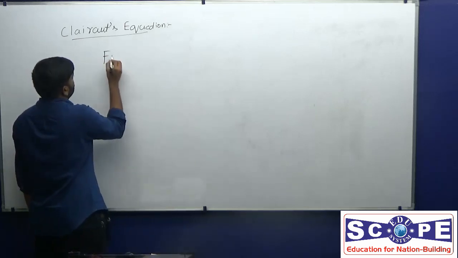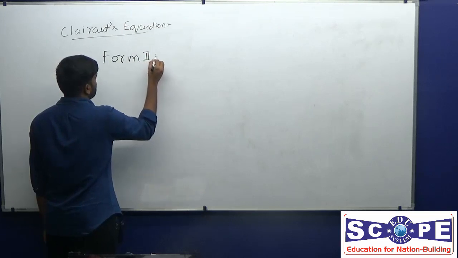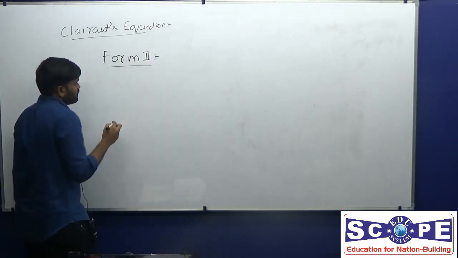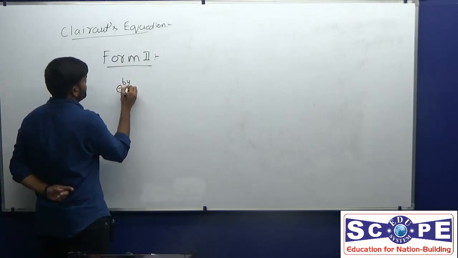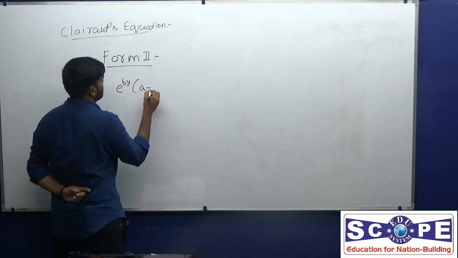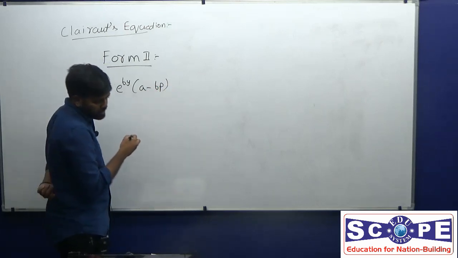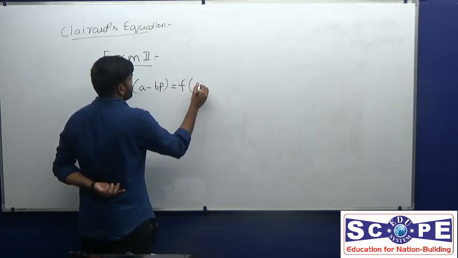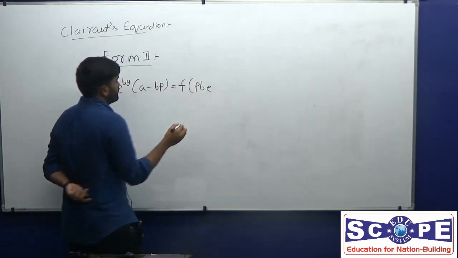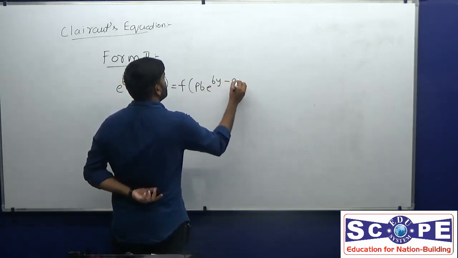So we will see form 2 here. If we get form 2 with these types of equations, e power by into a minus bp equals f of p into b into e power by minus ax, a bit complicated one.